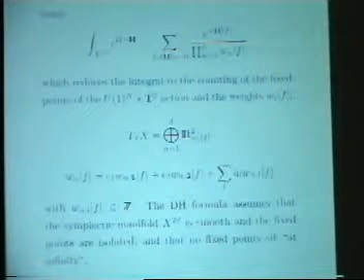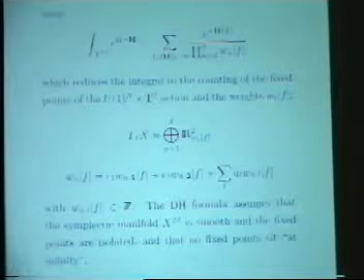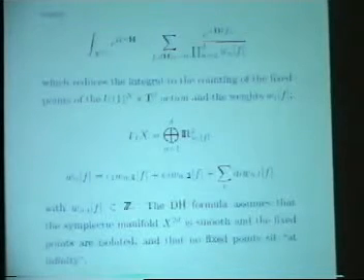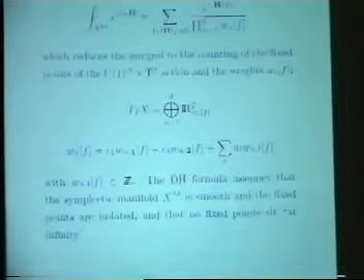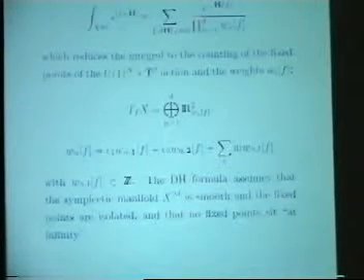However, this formula assumes that the space over which we take the integral is smooth, essentially, and the fixed points are isolated, and there are no fixed points sitting at infinity. This is not strictly speaking true for the instanton moduli space.